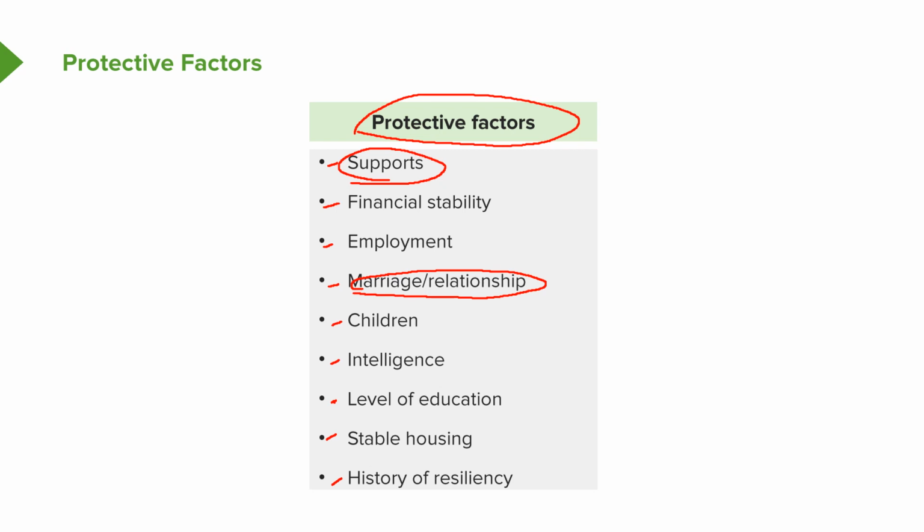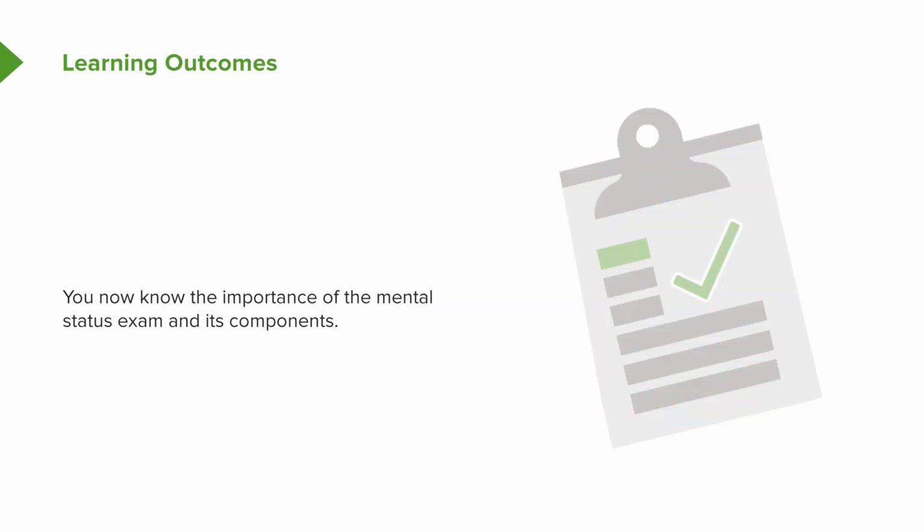So when we do our mental status exam, we can also do a suicide risk assessment. And some key things to keep in mind are that the mental status exam in psychiatry is really akin to the physical exam in internal medicine. It's an important element, no, of your assessment of the patient.